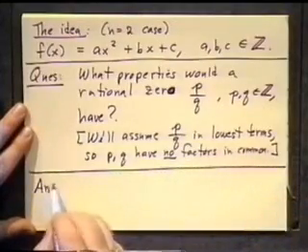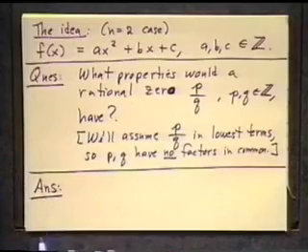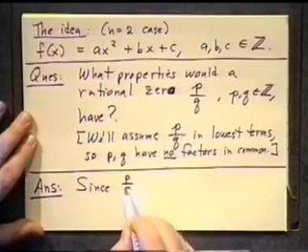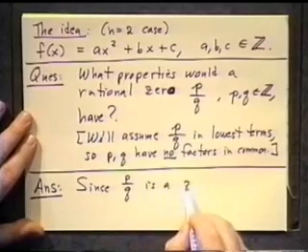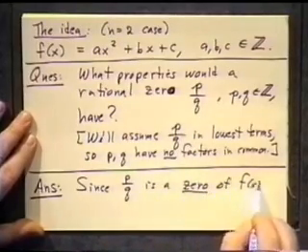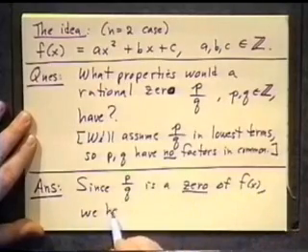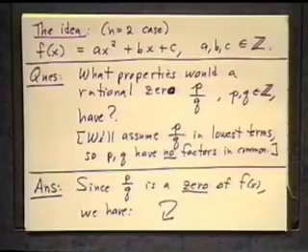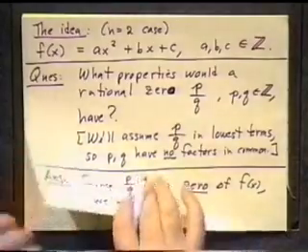Well, the main property can be found this way. Since p over q is a zero of f of x, if it's a zero, then it needs to satisfy f of x, which means it makes f of x equal to 0. That's what 0 means, after all.